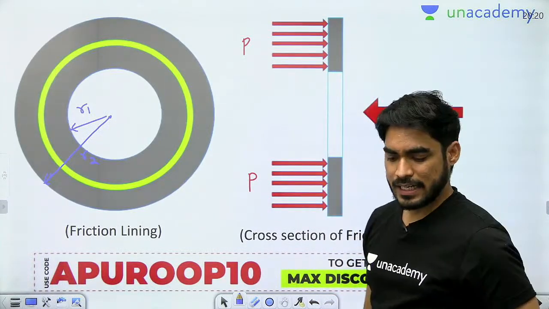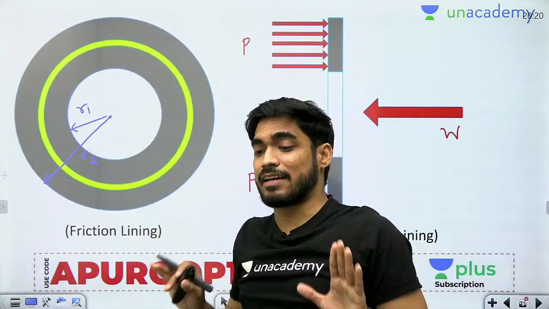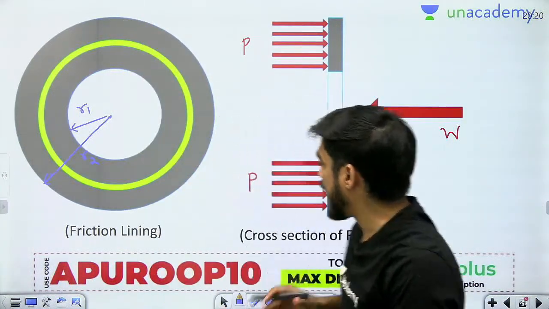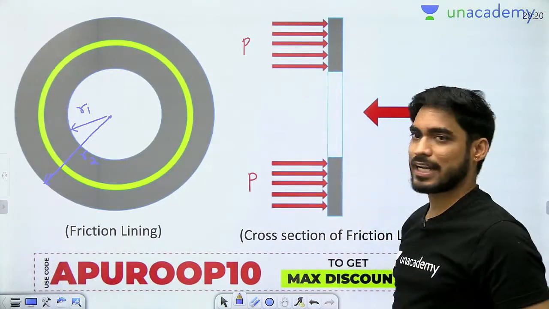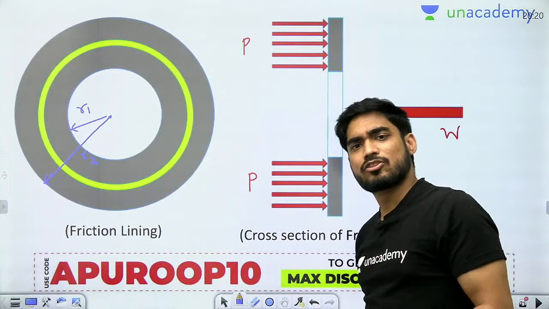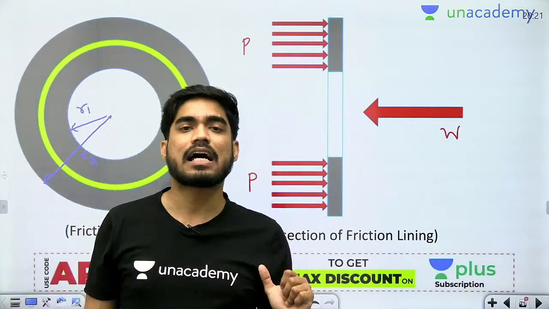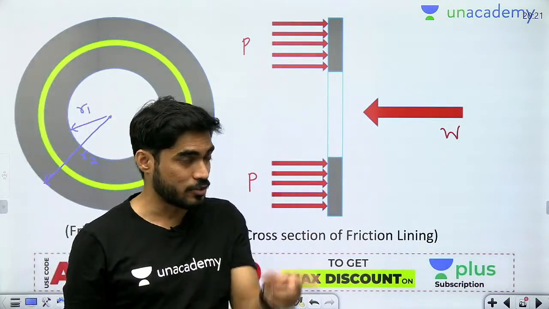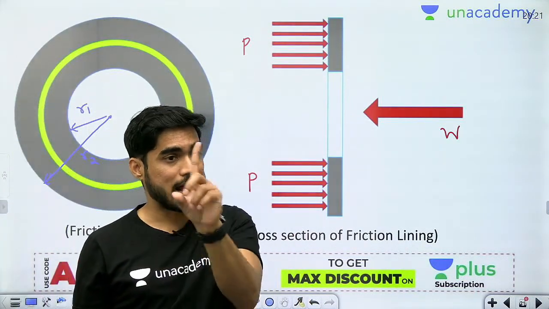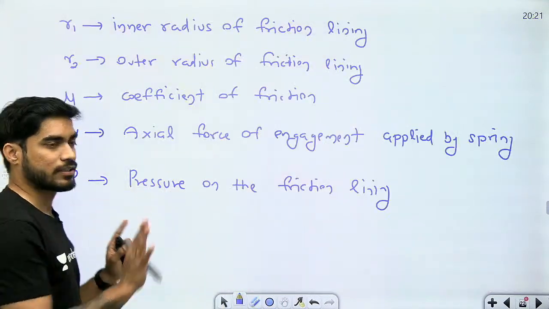Otherwise, if you are using a material which has very high mu but can sustain very less pressure, then when the spring applies the force and pressure is developed, it will simply break. So beta, it should have high coefficient of friction as well as high allowable pressure. That's why I gave you that chart, to see that the materials should have high mu as well as high P. So this is the pressure on the friction lining.